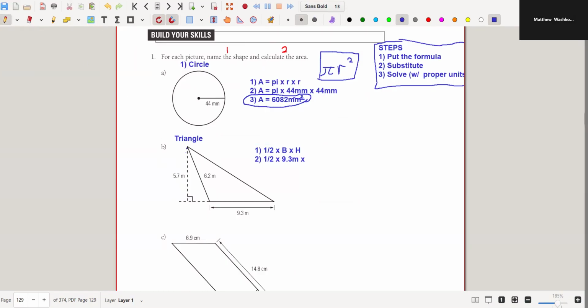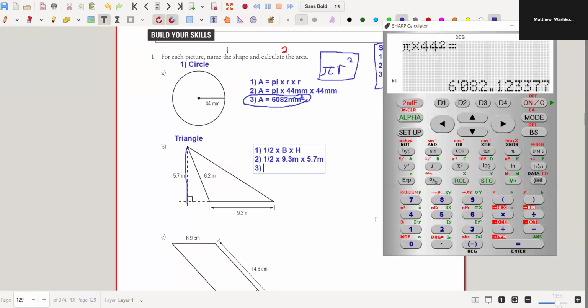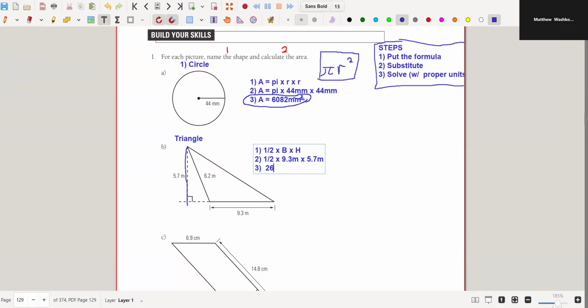The height is the one that goes straight up, 5.7 meters. Step three, solve it. Again, half or 0.5, same thing, times 9.3 times 5.7. 26.5. What's my proper units? Well, it's in meters, and it's area, so that means it's squared.